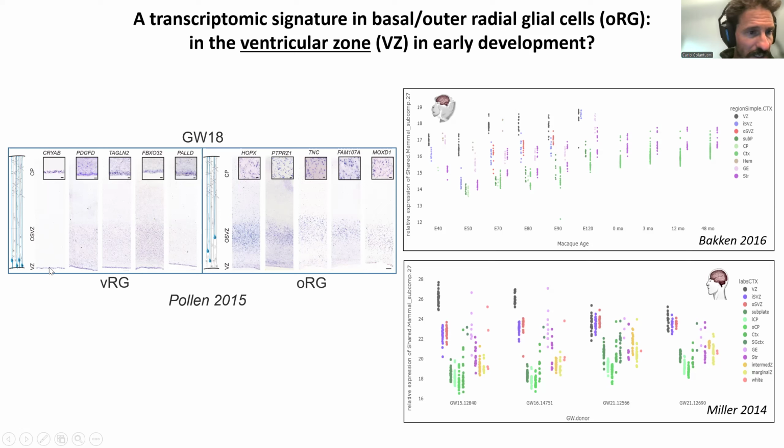And they're super clean right along the ventricle with these genes. Way up here, clearly in this more diffuse, spread out outer ventricular zone for these poster child genes for the outer radial glia. So why are we seeing all this ventricular signal for something we think is an outer radial glial signature?